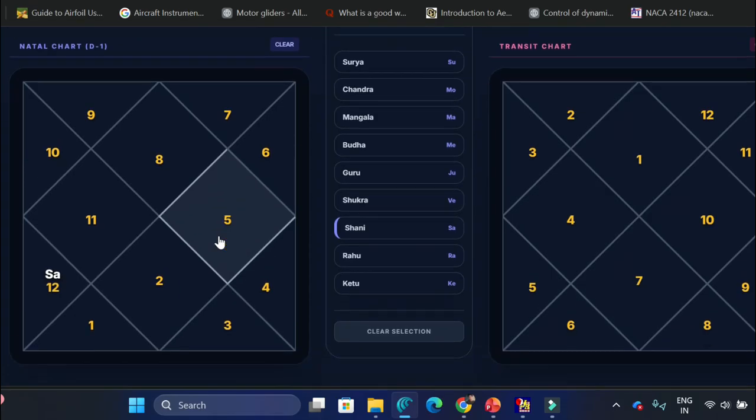Right now Saturn is in Pisces. Where should it be in his chart? It should be approximately in 8, which is Scorpio.